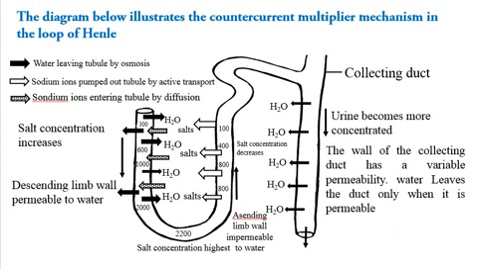Now, how does the loop of Henle concentrate the urine such that it is more hypertonic compared to the blood? There is active secretion of ions in the ascending limb of the loop of Henle into the medulla.